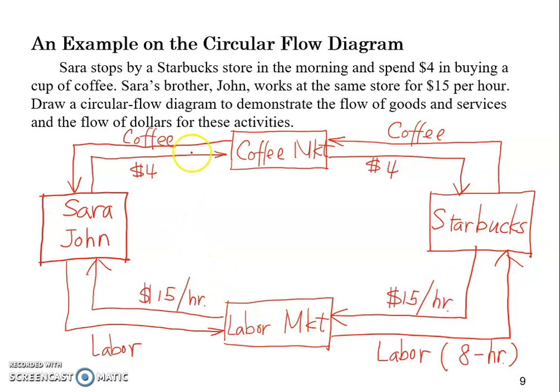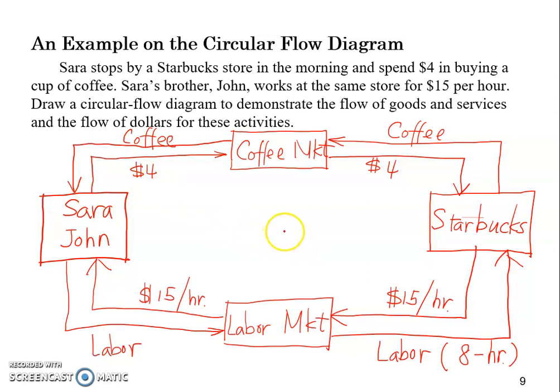If this were the question on the quiz, you just need to show me these 4 boxes. Put the households, the firms, and the 2 markets into the right boxes, then use the arrows to show the goods and services flow and the cash flow, and put the specific good or service and the dollar amount in the right place.